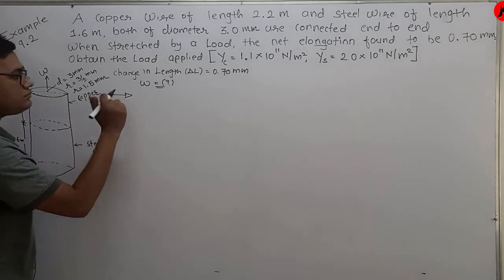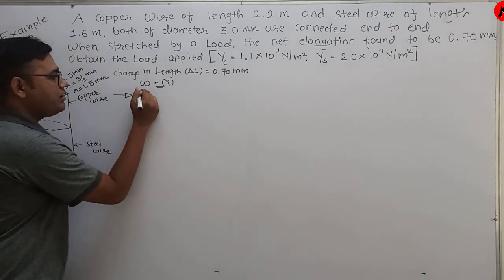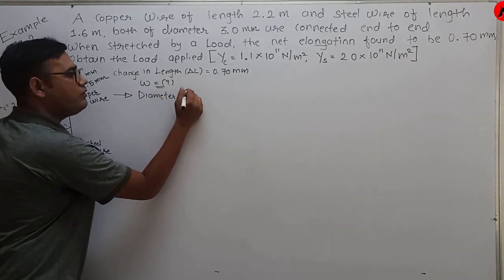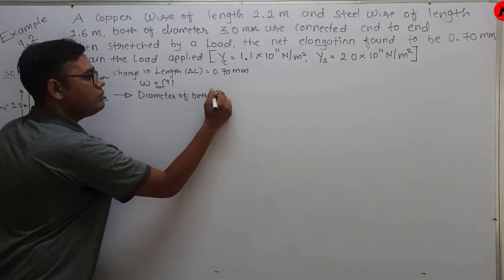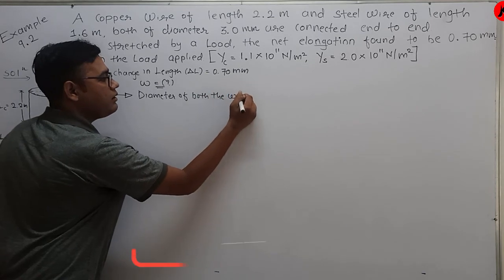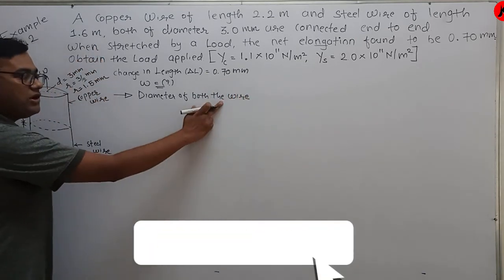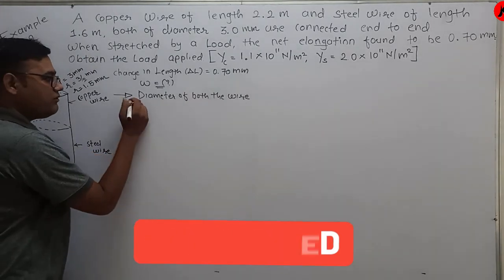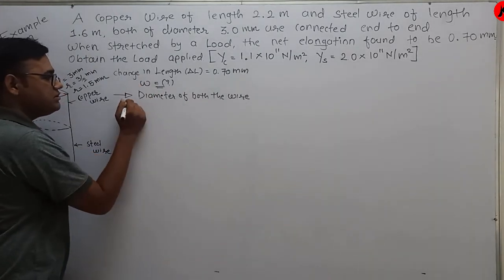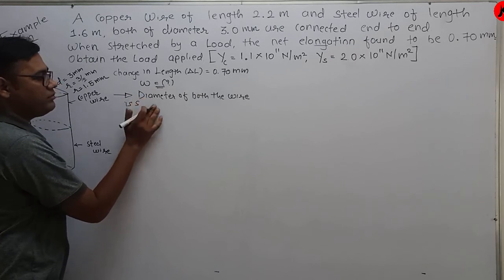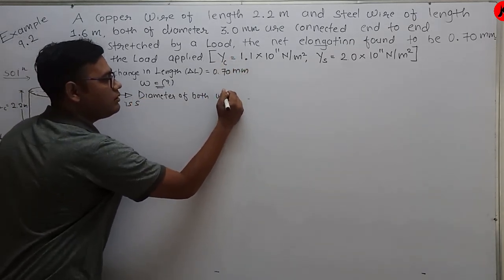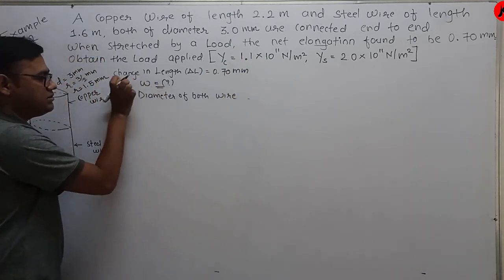Here, the diameter of both the wires, steel wire as well as copper wire, the diameter of both the wires is same.